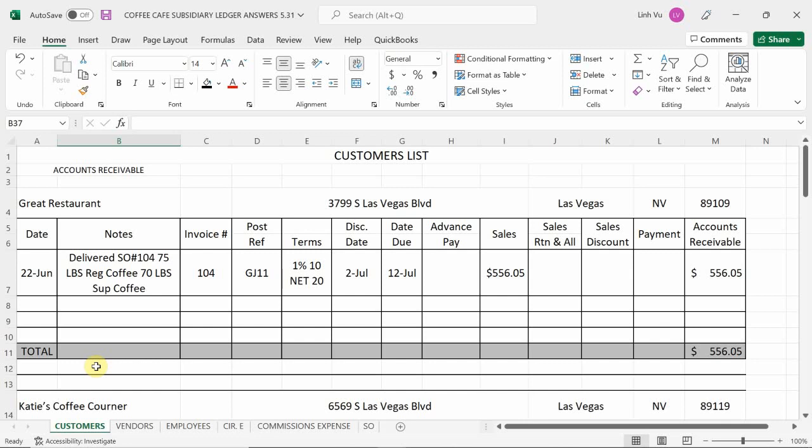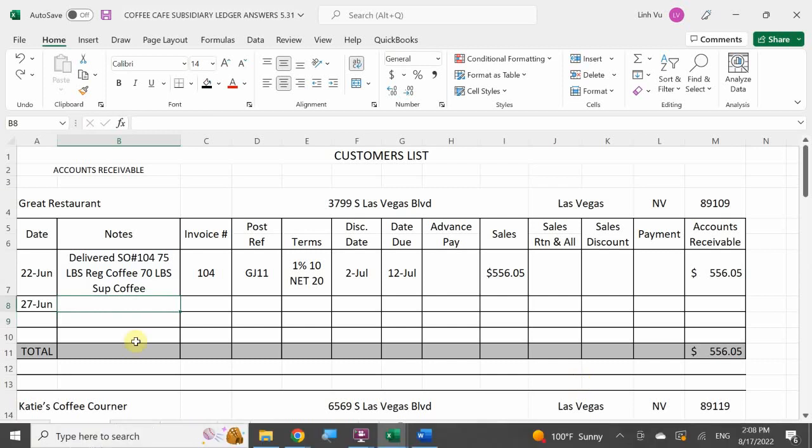So we can copy the previous order on the 27th. And then it's sales order 108.